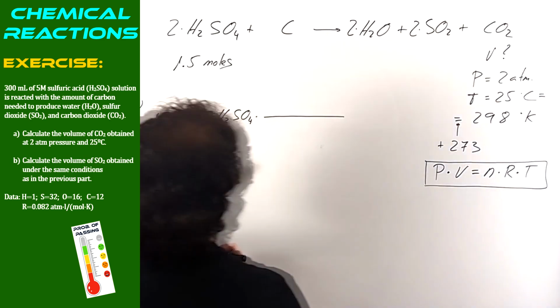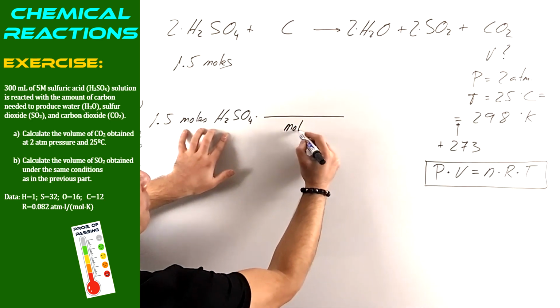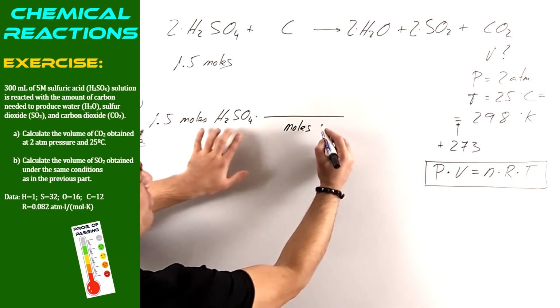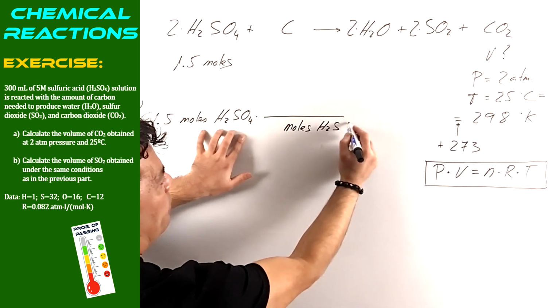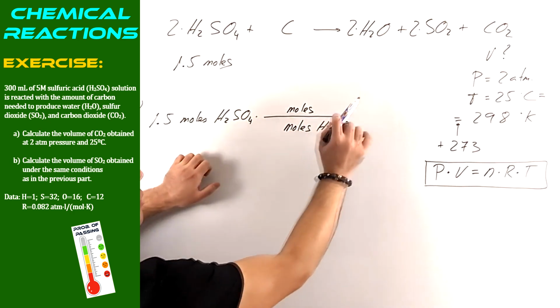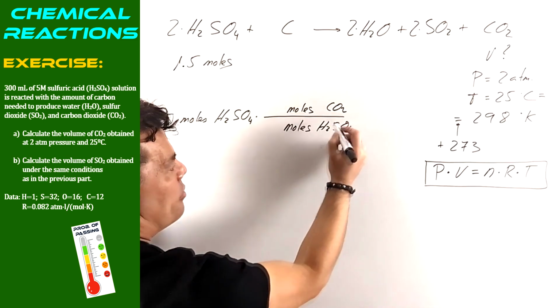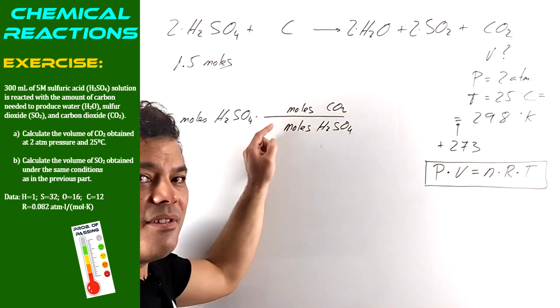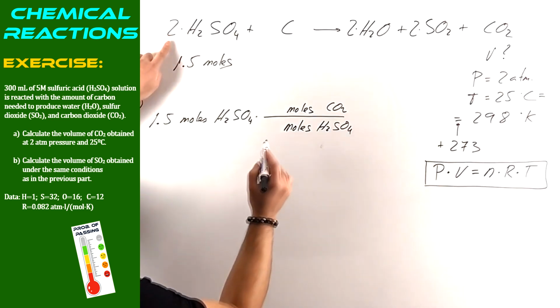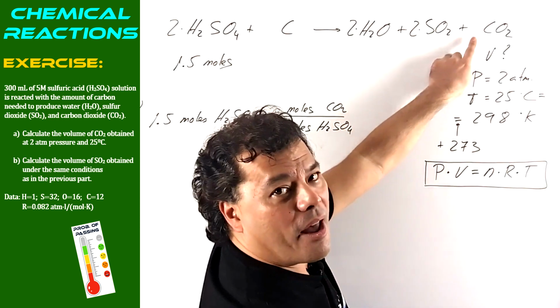The second conversion factor, as you probably can remember, helped us to move from moles of the substance that we are dealing with to moles of the substance we are interested in calculating, in this case, carbon dioxide. And there come the stoichiometric coefficients, number 2 for sulfuric acid and number 1 for carbon dioxide.